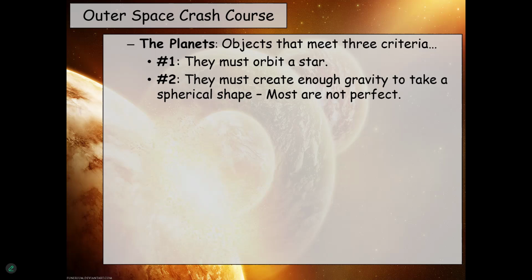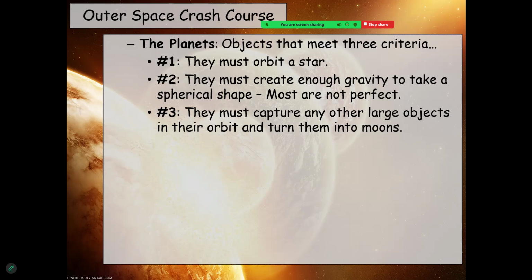But we have a third criteria, and that is you have to have enough gravity to capture anything in your orbit and either bring it down to your surface or turn it into a moon. Right? So basically what that means is there's lots of stuff floating around up in space. We think of it as a big open empty space, and it is just because of the immense distances involved, but there's tons of stuff up there.